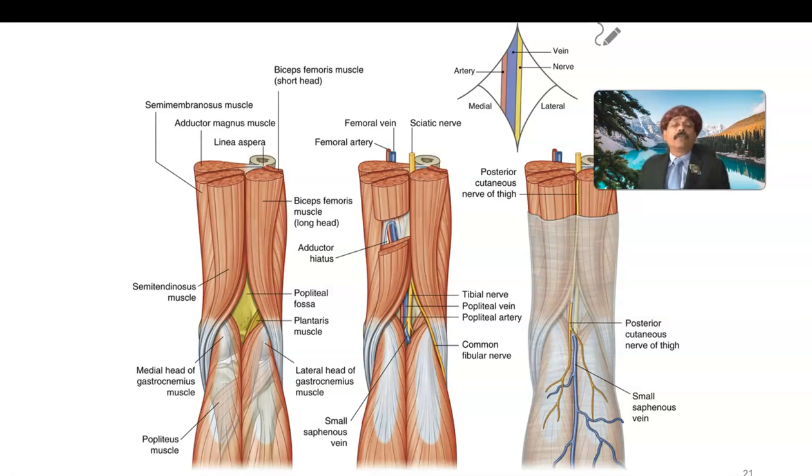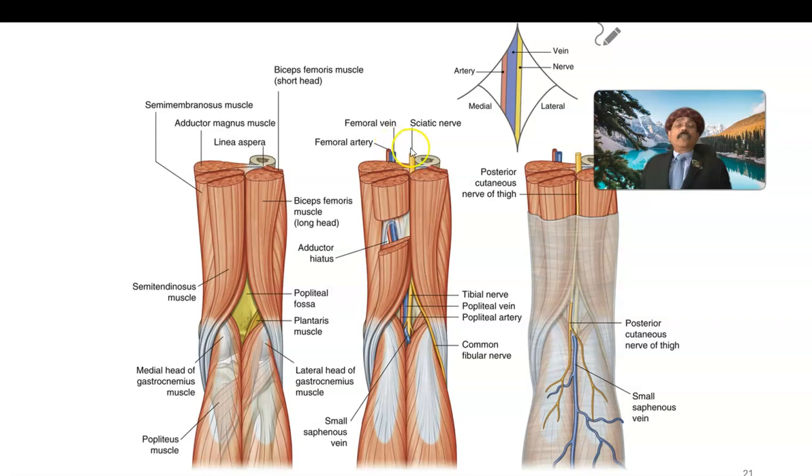Popliteus mostly forms the floor. The medial boundary is formed by the medial head of gastrocnemius. Contents from superficial to deep: tibial nerve, popliteal vein, popliteal artery. Popliteal artery is the deepest structure.